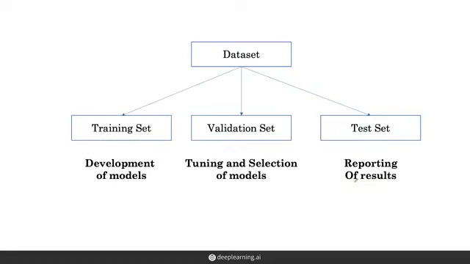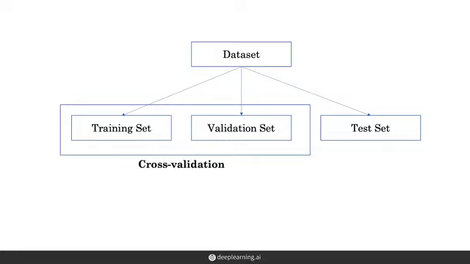In reality, the training dataset is further split into a training set and a validation set, where the training set is used to learn a model and the validation set is used for hyperparameter tuning and giving an estimate of the model performance on the test set. Sometimes the split into a training and validation set is done multiple times in a method called cross-validation to reduce variability in our estimate of the model performance.